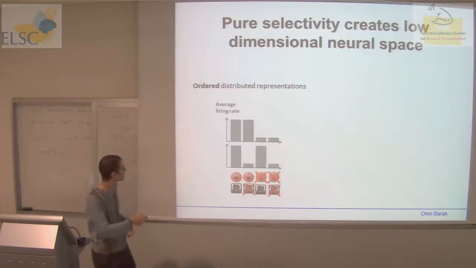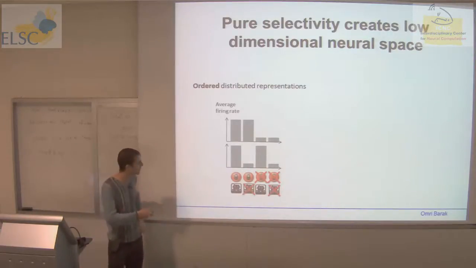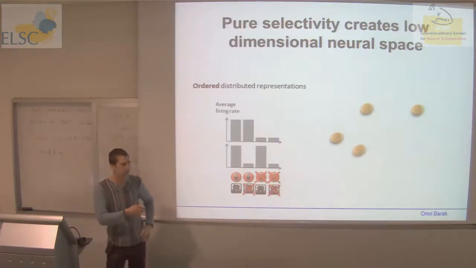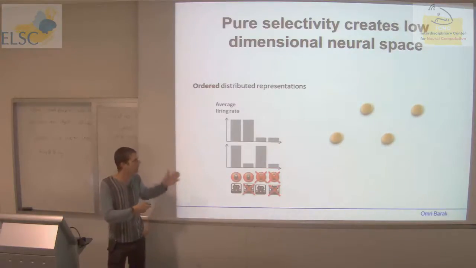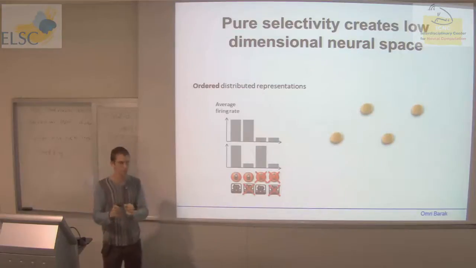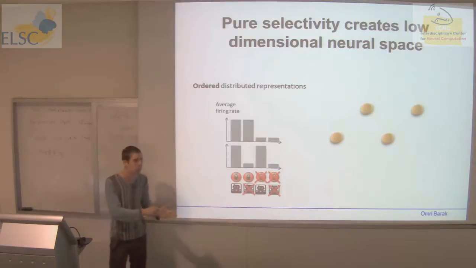If you have this ordered representation, every condition corresponds to a point in neural space. So this condition will be here. The next condition differs by only one coordinate, the next one by the other coordinate, and the next one by both coordinates, and they belong on a plane. Of course, I have two dimensions, they have to belong on a plane. But even if I had 1,000 neurons that each one of them only responded to the phone or only responded to the home, this would have been on a two-dimensional plane.